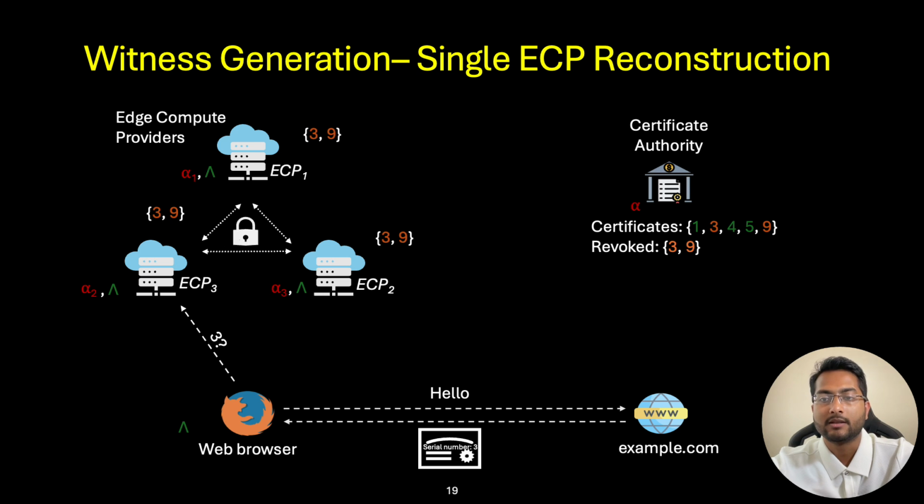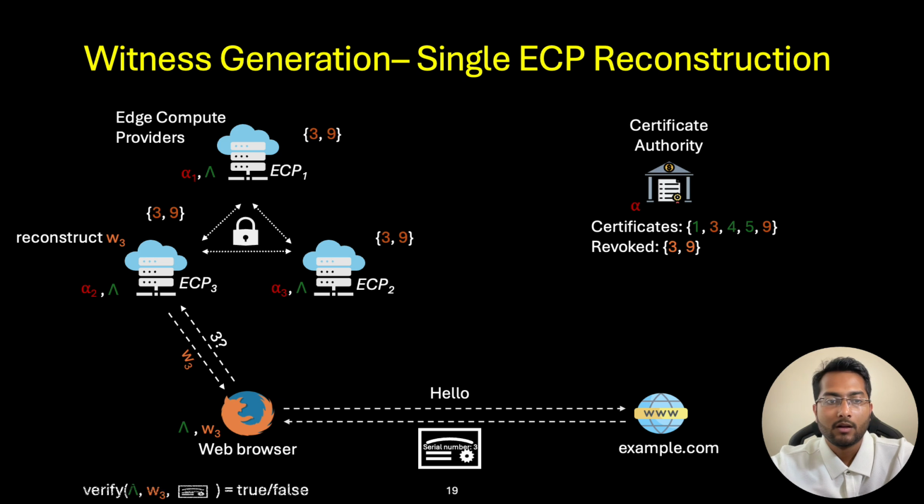The ECPs take part in secure multi-party computation to generate their shares, and finally ECP3 can reconstruct the witness after it gets all the shares from the ECPs, and it can then send the reconstructed witness to the client. And using this reconstructed witness, the client can verify the revocation or non-revocation status of the certificate.